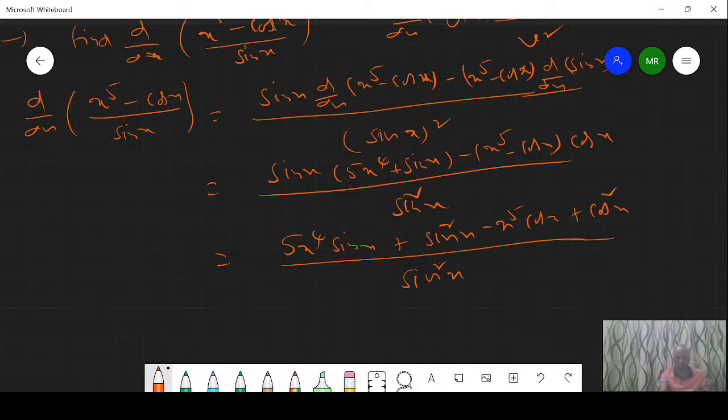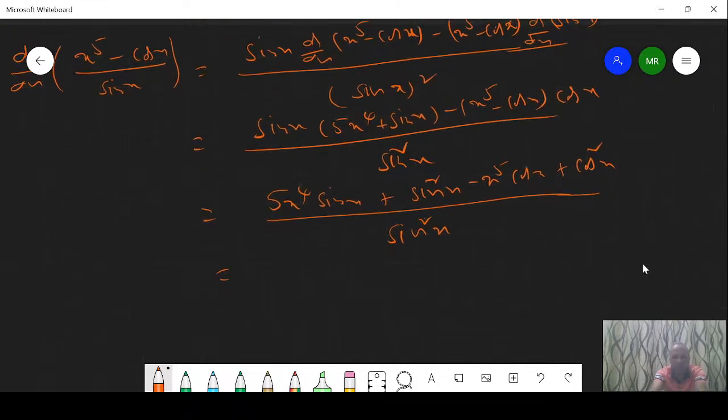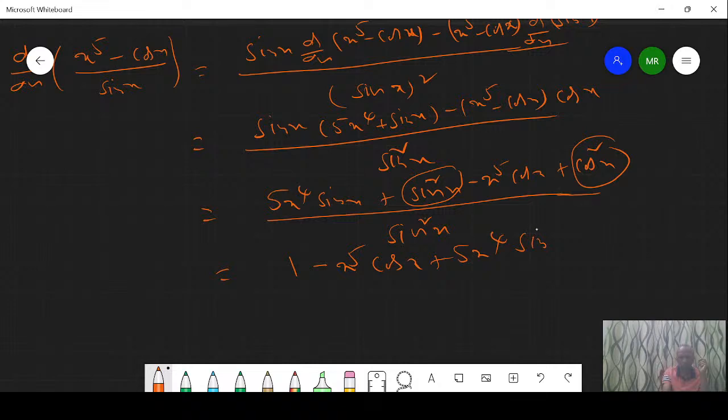But we know that sin square x plus cos square x is equal to 1. I can combine this and this, it will be 1. So you will get 1 minus x power 5 cos x plus 5x power 4 sin x by sin square x.